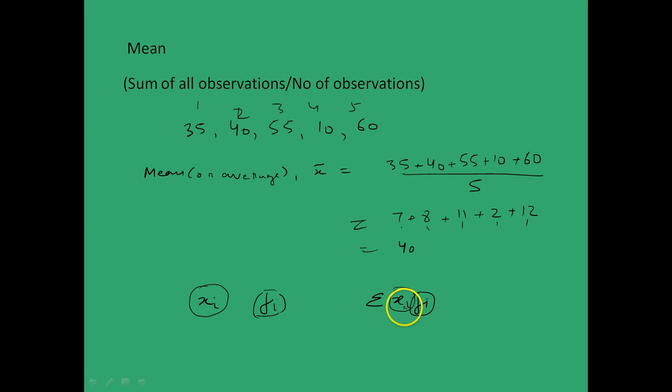So sigma xi fi is the sum of all observations, and the number of observations is simply sigma fi, that is the sum of all frequencies. So x bar is equal to sigma xi fi upon sigma fi. That gives us the measure of the mean.